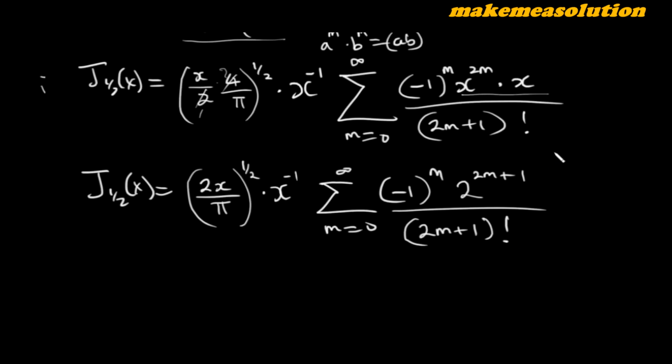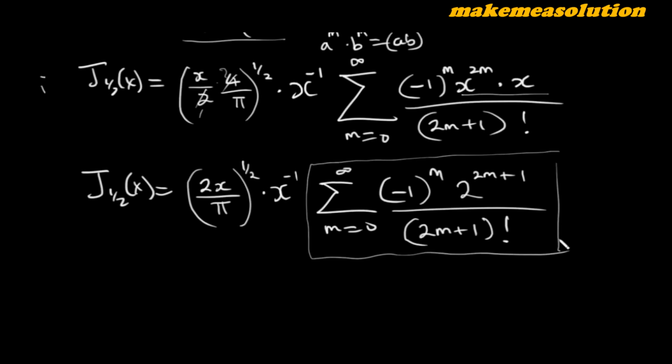So if you are very sensitive, you will see that this one is already the power series expansion of sine x. But before we get there, let's just simplify this one and see what we get. So this is J_{1/2}(x) equal to, I'm going to separate this because I want to match the x's together.